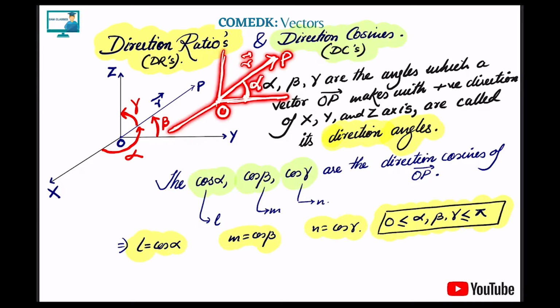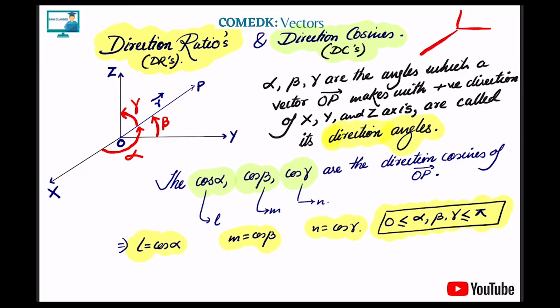Let's say with the y-axis it makes beta, with the x-axis alpha, and with the z-axis gamma. So these angles are known as direction angles. And cos of these direction angles, cos alpha, cos beta, cos gamma, are direction cosines.